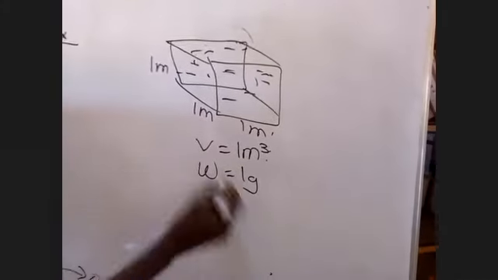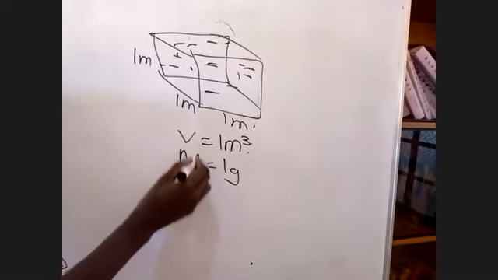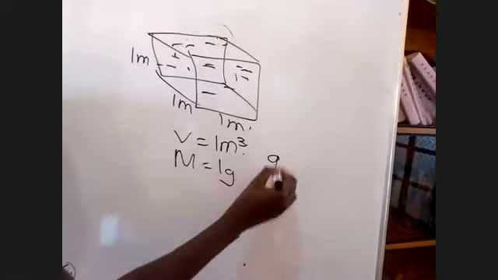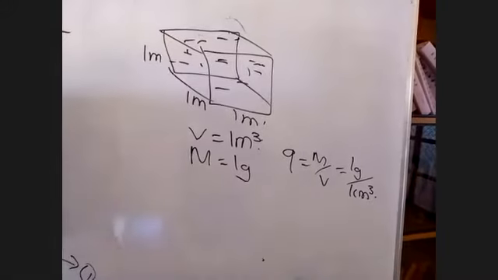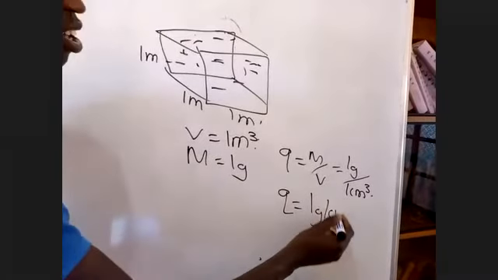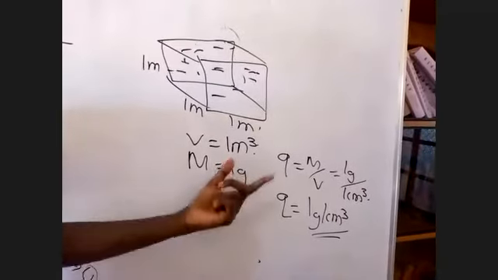Therefore, calculating the density is okay. The mass was measured and found to be 1 gram. Given that density is mass over volume, the mass here is 1 gram and the volume is 1 cubic centimeter. Therefore, the density of water was found to be 1 gram per cubic centimeter.